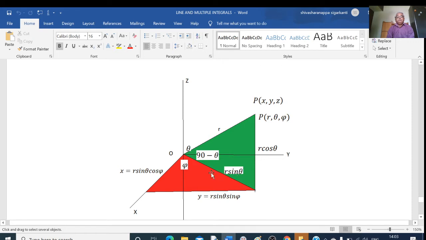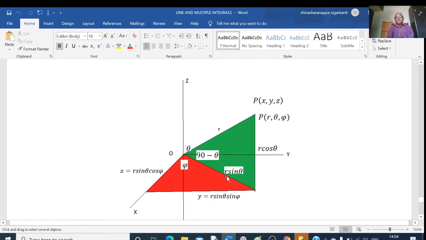And then let the angle between the x-axis and this line be phi. Then this is a right angled triangle where this angle is 90 degrees, this is equal to phi, this is opposite to phi, and this is adjacent to phi. Opposite to phi is given by hypotenuse into sine phi.